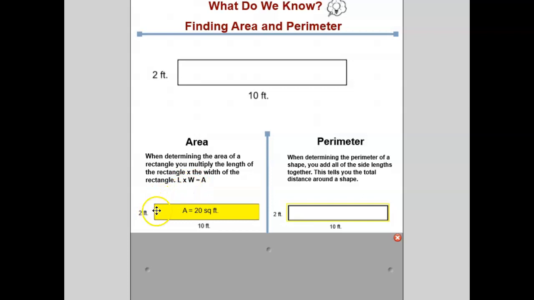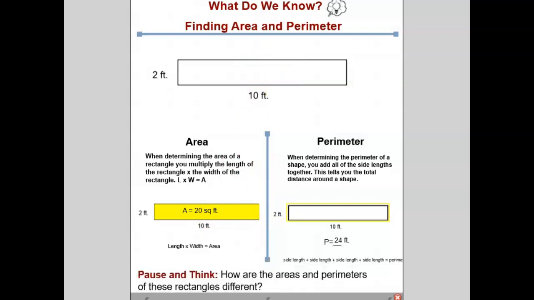And that tells you the total space covered by the rectangle. Boys and girls, were you able to determine that the area of this rectangle was 20 square feet? Fantastic! You found the number of square units that fit inside this rectangle, and 20 square feet fit inside. That's the total space covered.